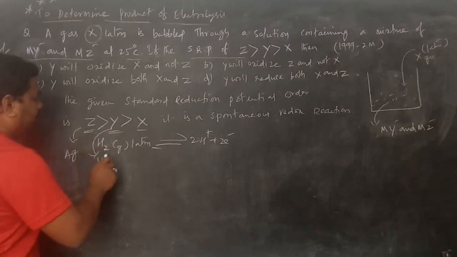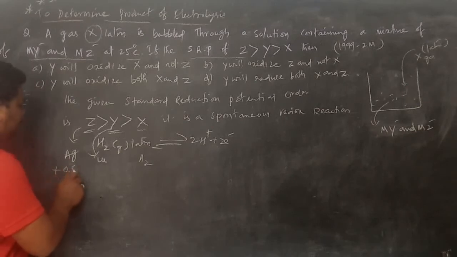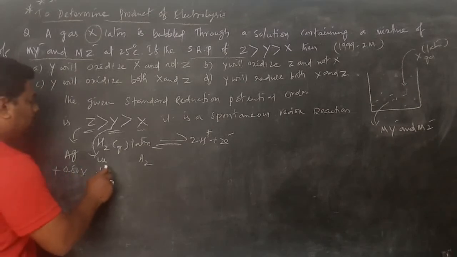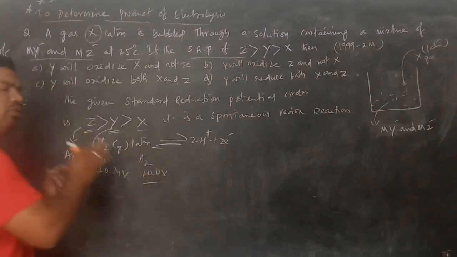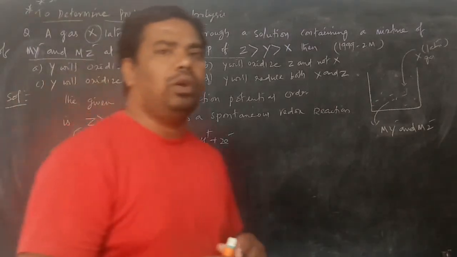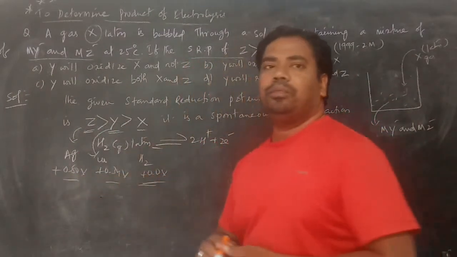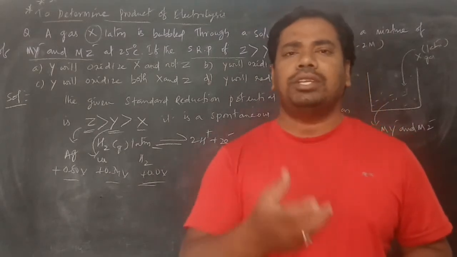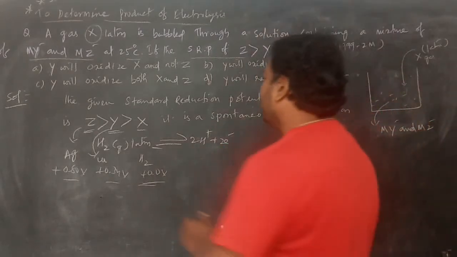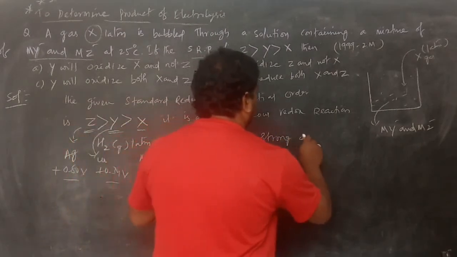So the standard reduction potential of this one is 0.80 volts, 0.34 volts, and this is 0.0 volts. We are just assuming that. So here the reduction potential is more. Reduction potential more means Z is a strong oxidizing agent.